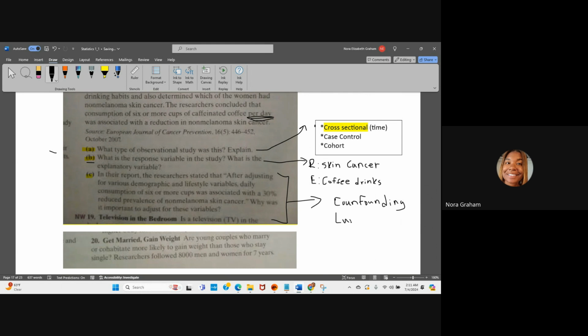All right. And basically, why was it important to adjust for these variables?